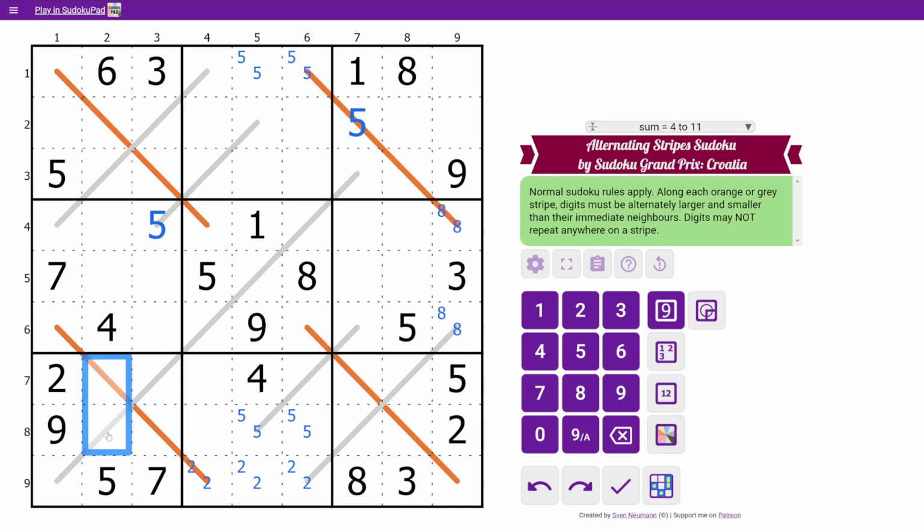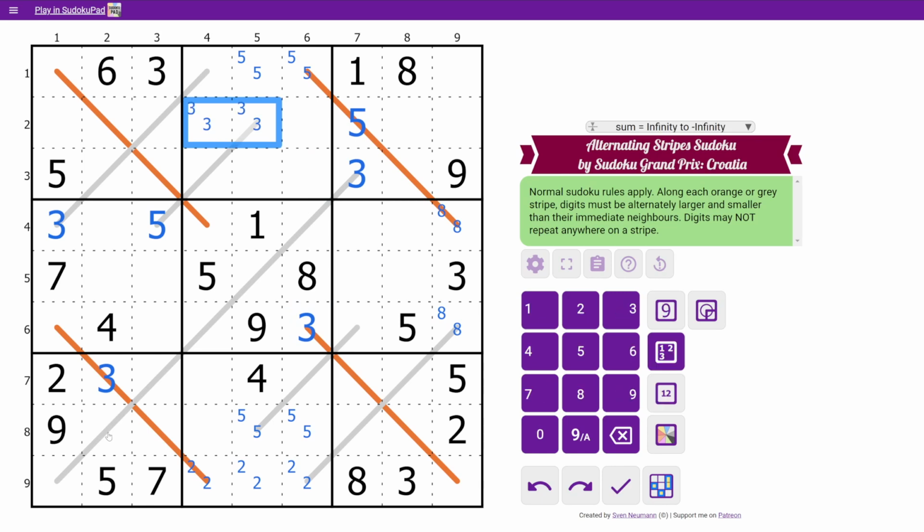Three goes in one of these two. 3 goes here or here. 3 cannot go on the line. 3 goes in one of those two.